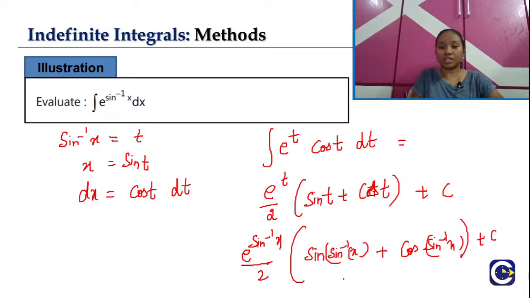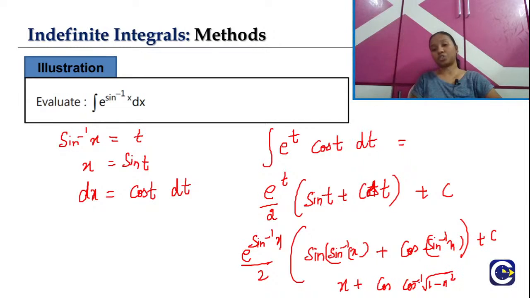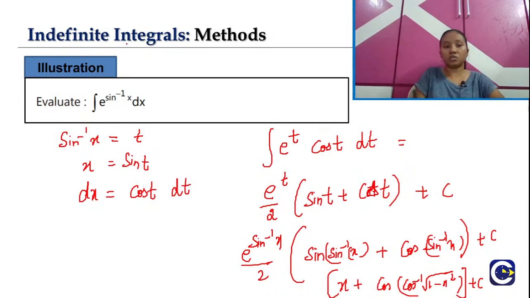Sin inverse x can be turned into cos inverse of root 1 minus x square according to our right angle triangle. Yes or no?